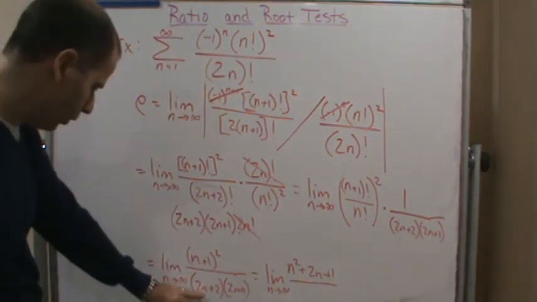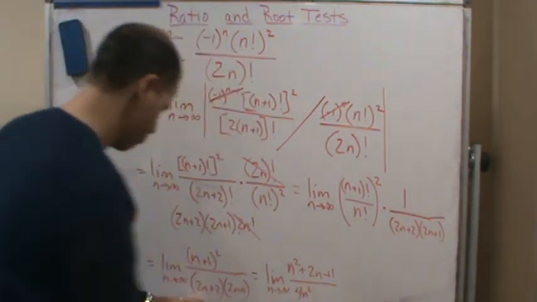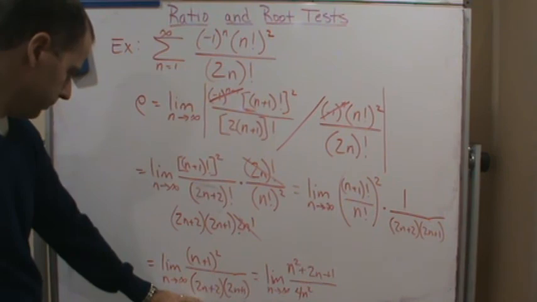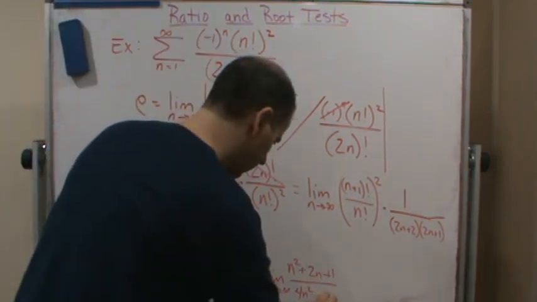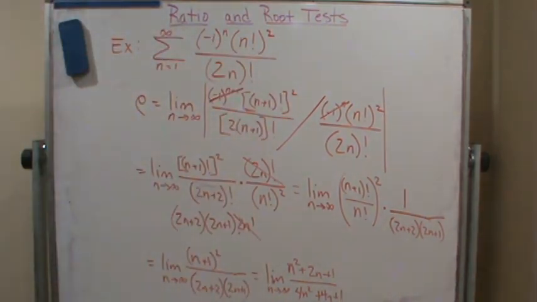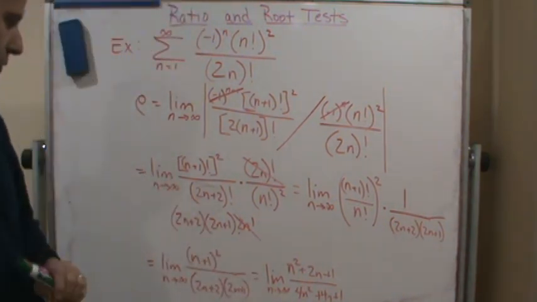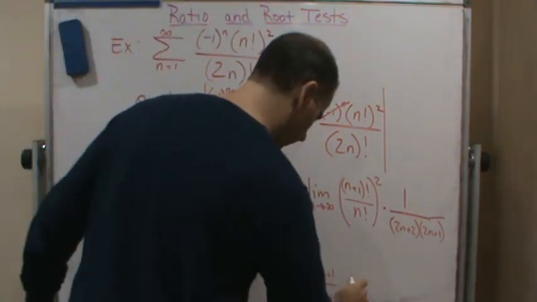And on the bottom, what do we get? We get 4n squared plus 4n plus 1. And so now we can see that this limit as n goes to infinity equals 1/4.